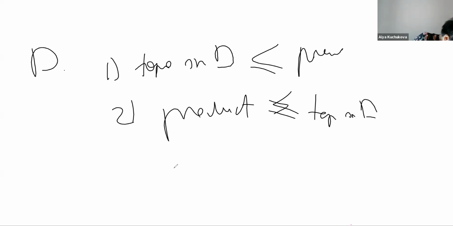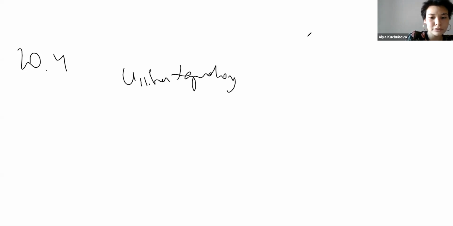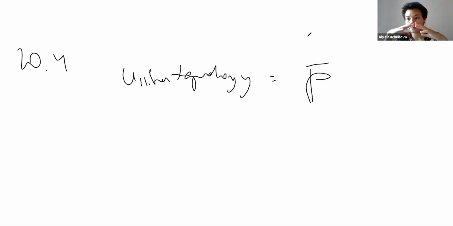This is 20.5, 20.4. Okay, so 20.4 basically is saying that uniform topology, and to remind you, uniform topology is just the d bar metric, but defined for infinite dimensional spaces, right?